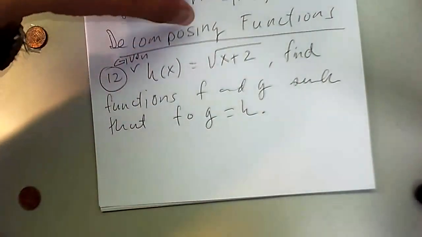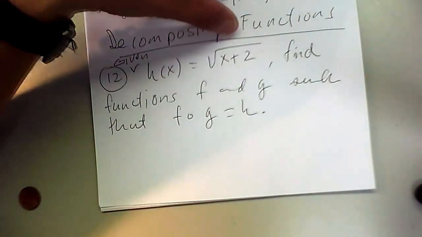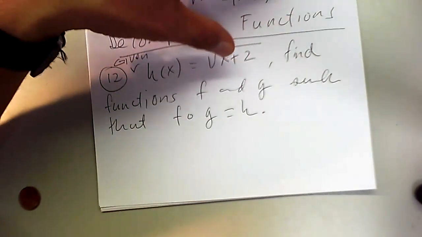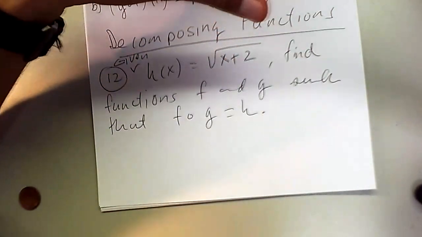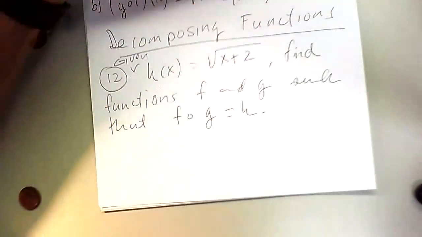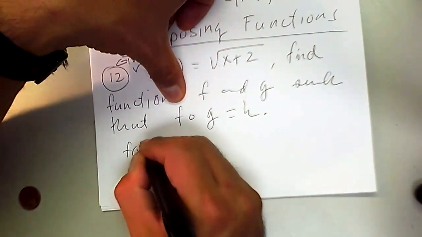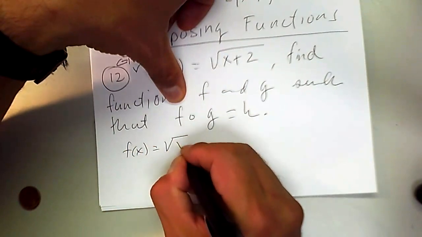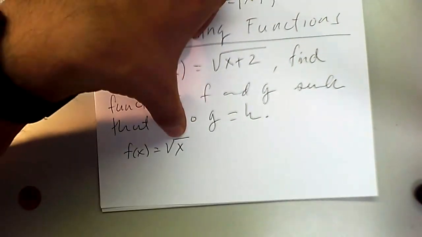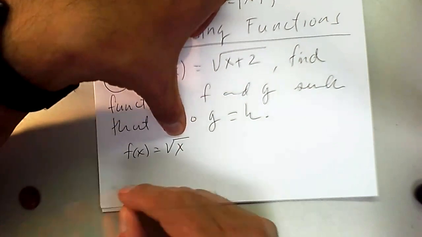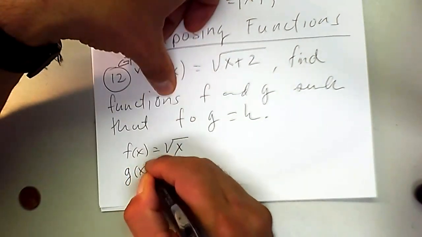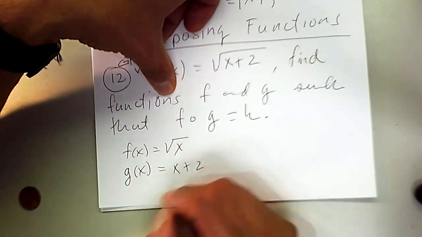So let's analyze what's going on. We're taking the square root of, pause. That means that f can do that. f of x can be the square root of x, of whatever the input is. And then g is going to take care of the rest, which is the x plus 2.